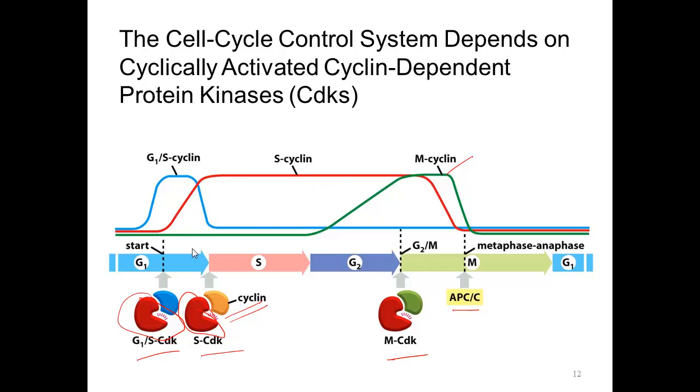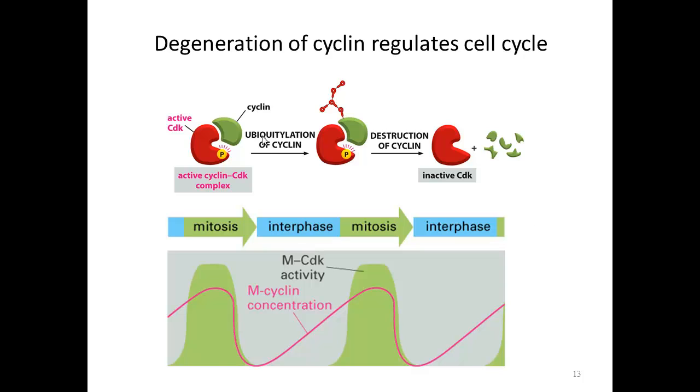I don't believe that the transitions, for instance, from these other stages are strictly dependent on the degradation of the cyclin, but for metaphase it is true that if this cyclin persists, you will never get past the metaphase to anaphase transition.